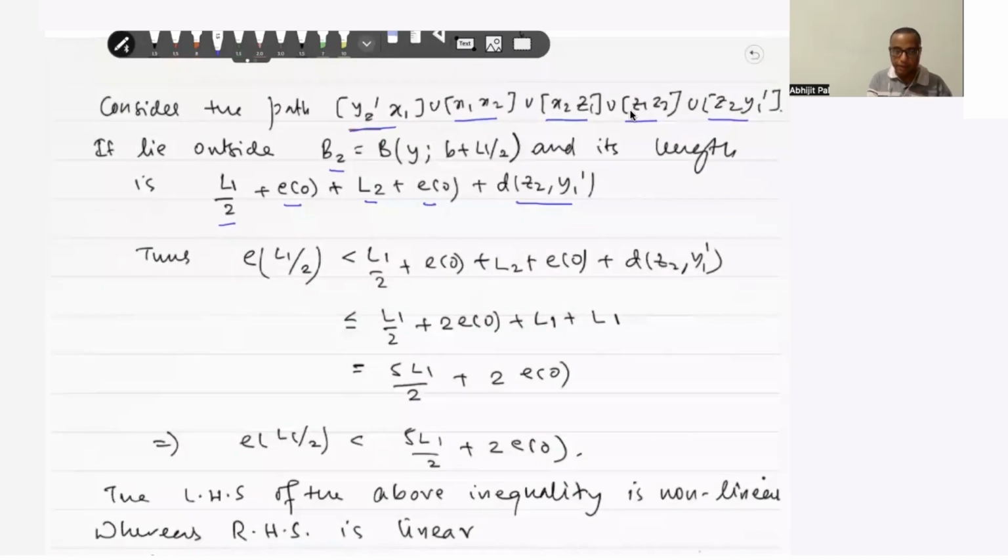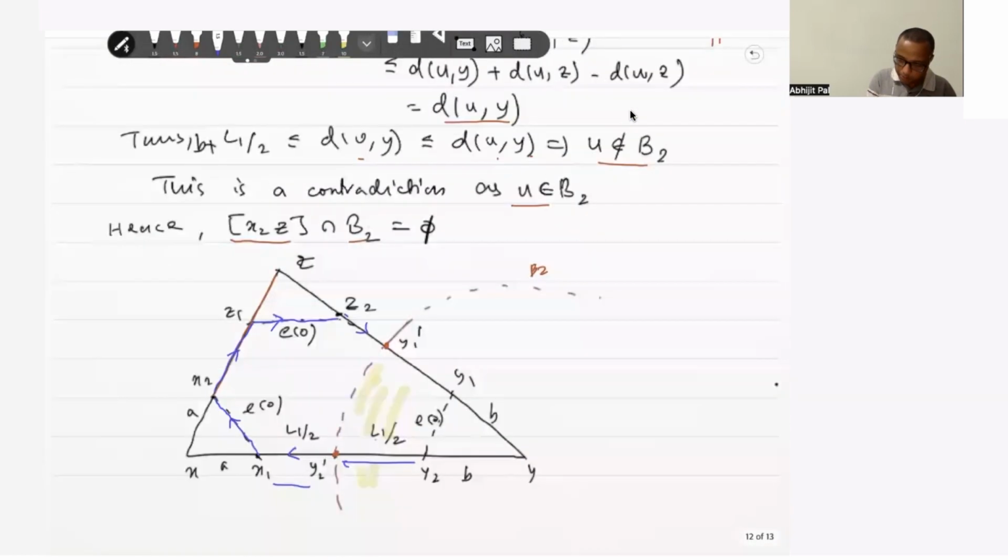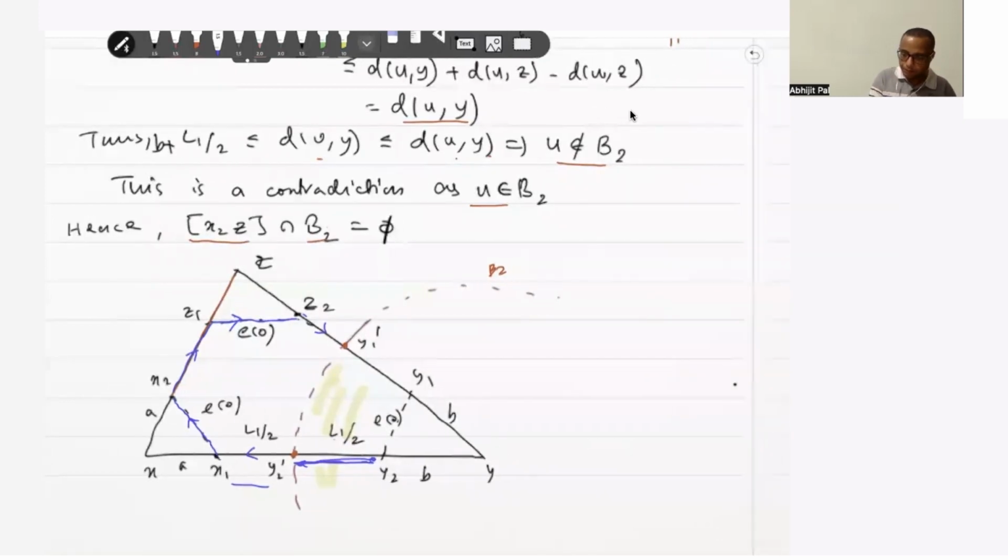So now we apply the definition of this divergence function. So E of L1 by 2. Note that, going back to this picture, this distance is L1 by 2. So E of L1 by 2 will be less than the length of the path.